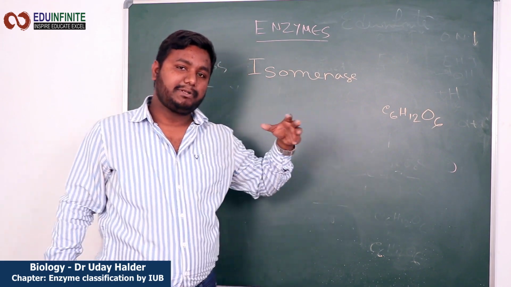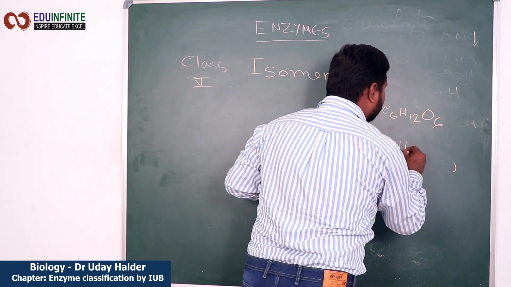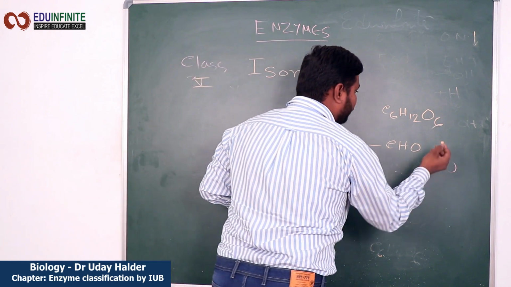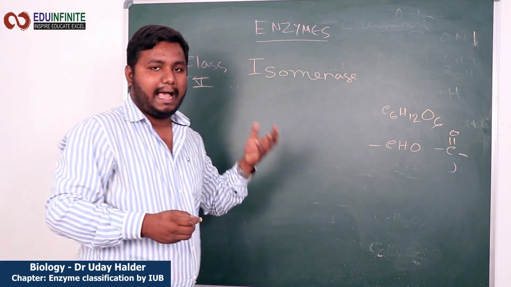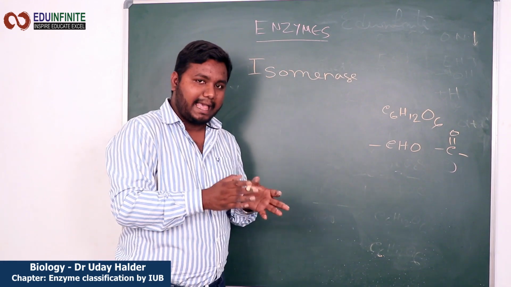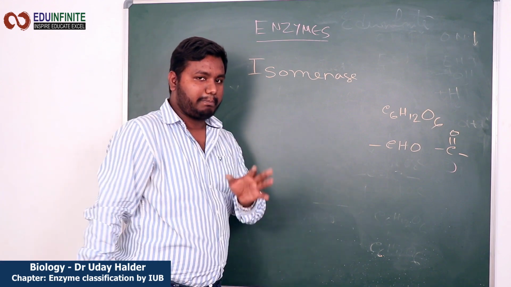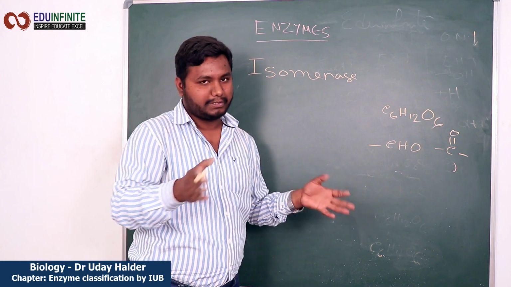So what is the difference between them? Glucose is having an aldehyde group, galactose is also having this aldehyde group, but fructose is having a ketone group. So isomer means compounds having the same molecular formula but different chemical structure. Those compounds are called isomers.